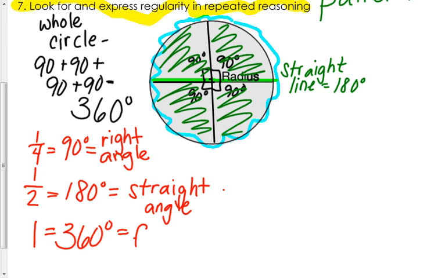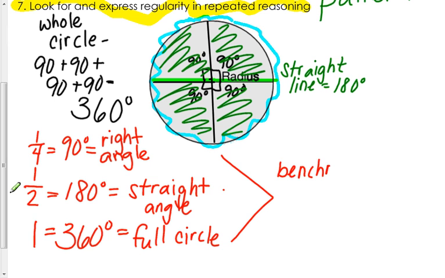And that's a full circle. So if 1/4 is 90 degrees, 1/2 is 180 degrees of a circle, and 1 whole of a circle is 360 degrees. These are called our benchmark angles, just like benchmark bicycles.